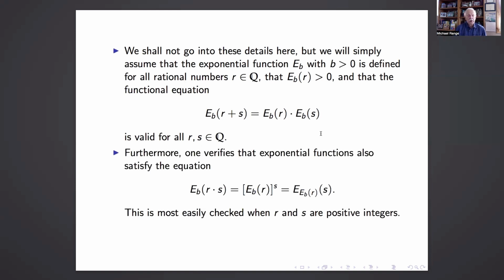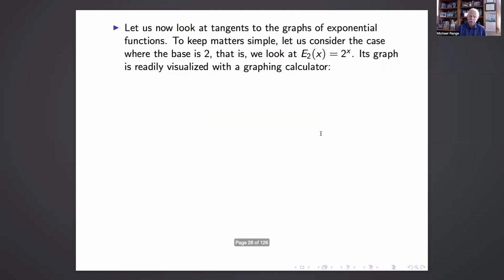Furthermore, one verifies that the exponential functions also satisfy the equation E sub b at the value r times s is the same as E sub b at the value r raised to the power s. And this is most easily checked when r and s are positive integers.